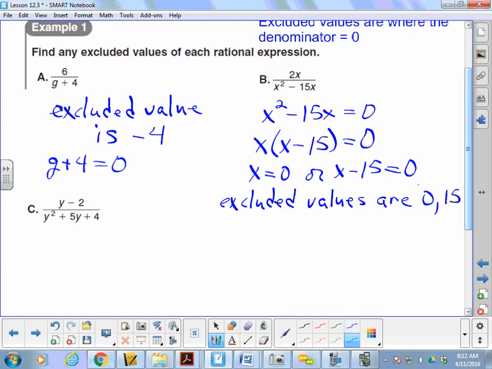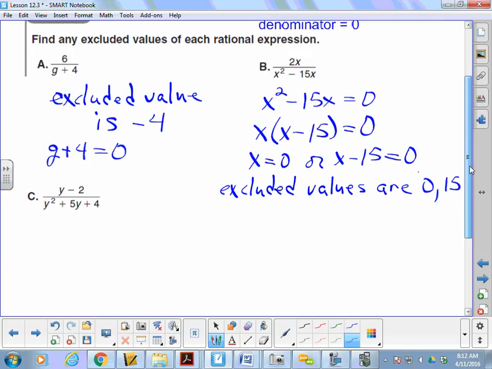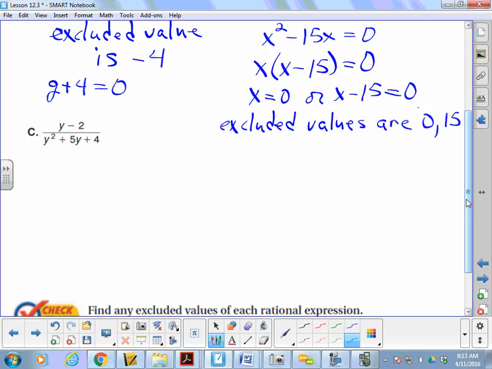All right. Letter C. So we'll set that denominator equal to 0 again. y squared plus 5y plus 4 equals 0. So we have to factor it. Is there a greatest common factor?